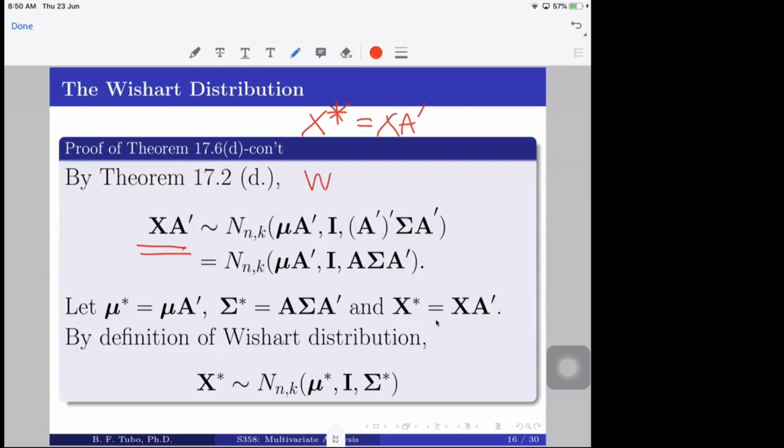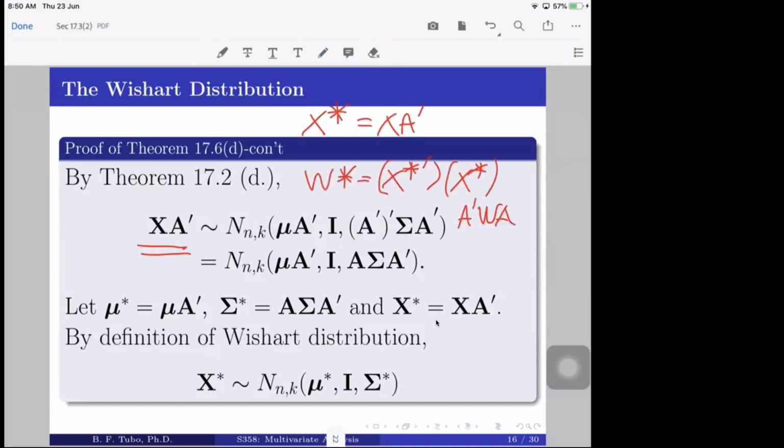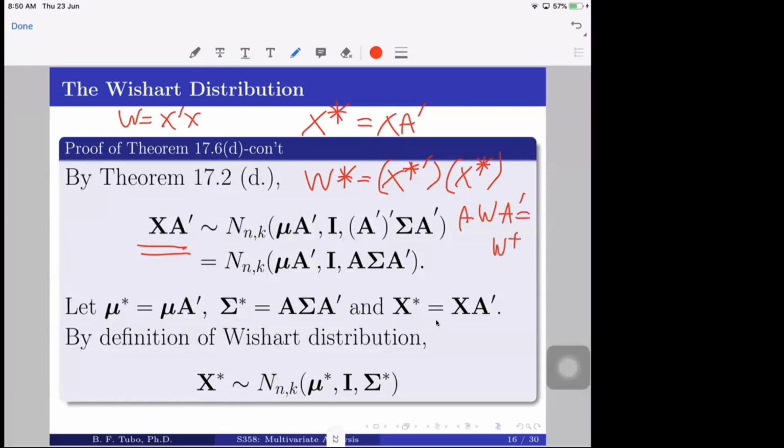So our W star, which we want to work with, is X star prime X star, which is AX prime XA prime. Our W is X prime X. So AWA prime is our W star.